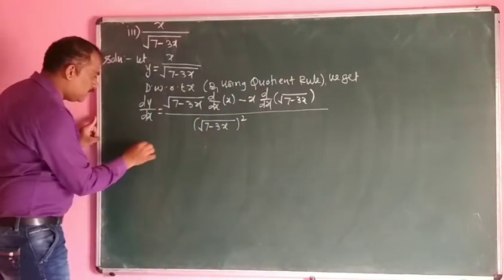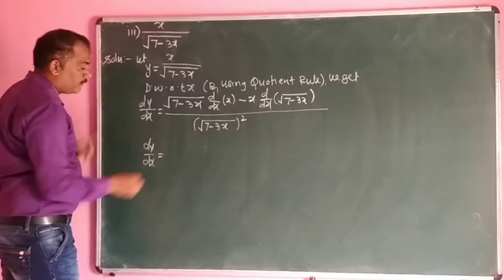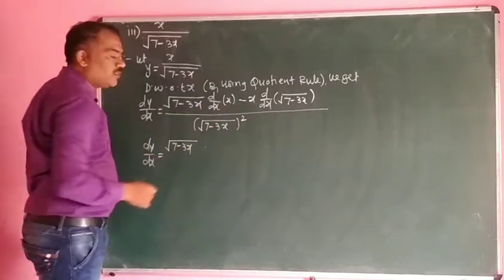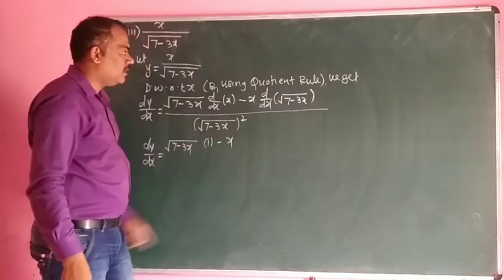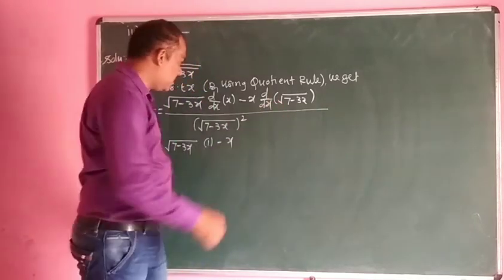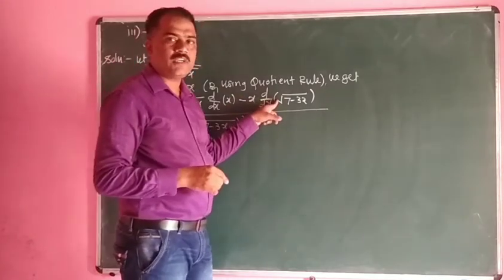Now what we have to get? dy/dx is equal to root of (7 minus 3x) as it is, into the differentiation of x with respect to x, which is 1, minus x into the differentiation of root of (7 minus 3x). First we keep the finger on the root.